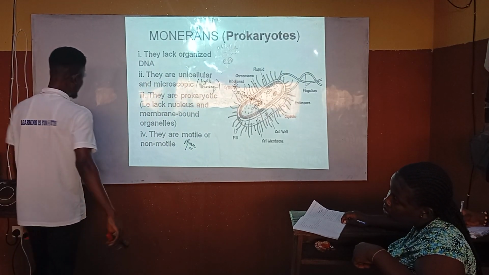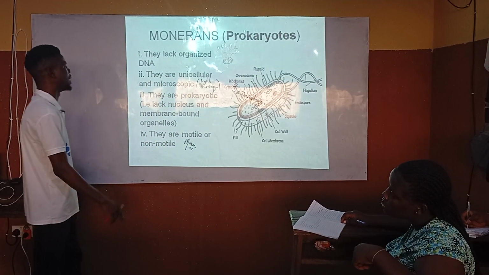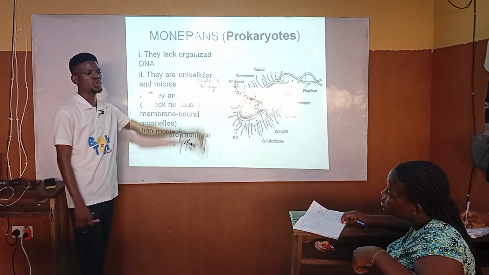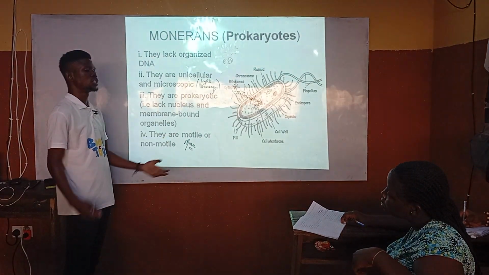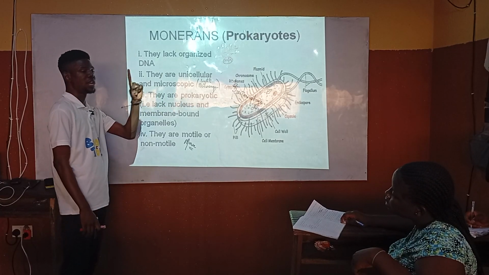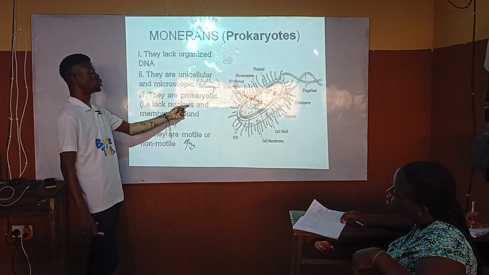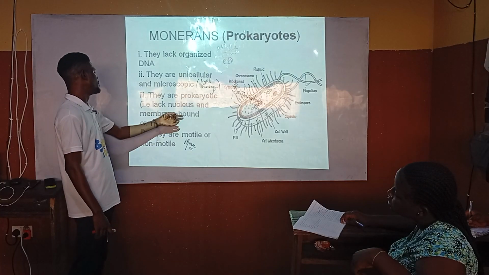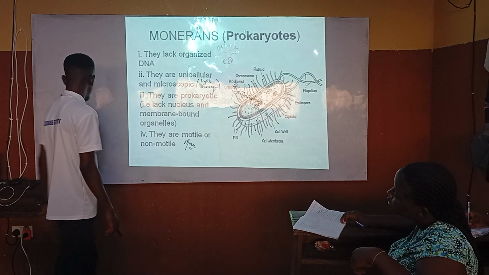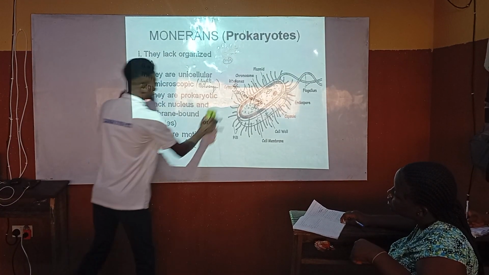They lack organized DNA. They are unicellular and microscopic, and I said we can view them with what? Light microscope. That means microscope that uses what? Light from different sources. Then they are prokaryotic, meaning that what? They lack what? True nucleus and what? Membrane bound organelles. Alright. Then they are motile or non-motile. So this diagram here is what?